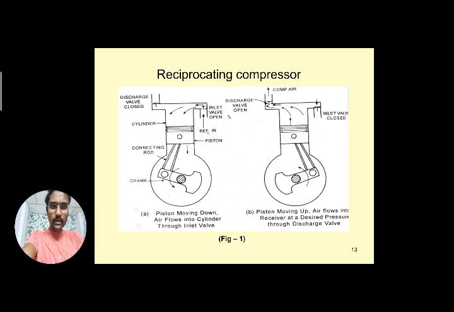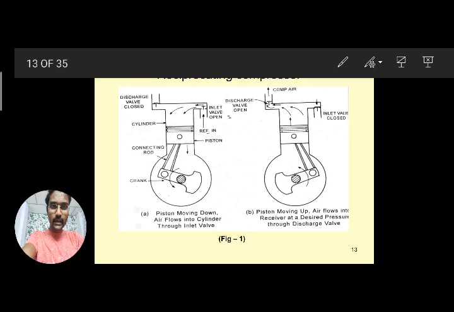You can see the vertical component is the cylinder, and in the cylinder there is a piston. To the piston, the connecting rod is connected. The connecting rod can have different cross sections. To the connecting rod, the crank is connected, and the crank is placed on a crankshaft, which is connected to the electric motor shaft.